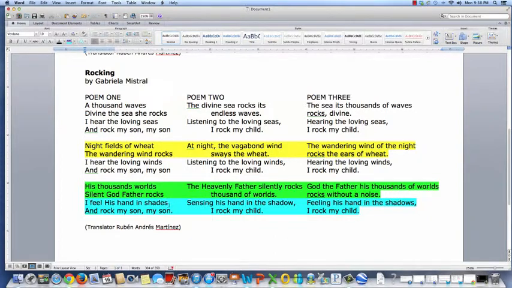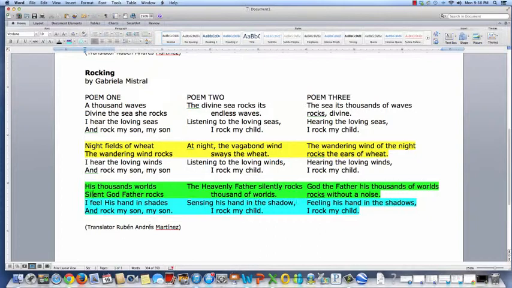I want you to consider this one. I feel his hand in shades, sensing his hand in the shadow, or feeling his hand in the shadows. In the context of these poems, which one of these phrases is the most calming to you?